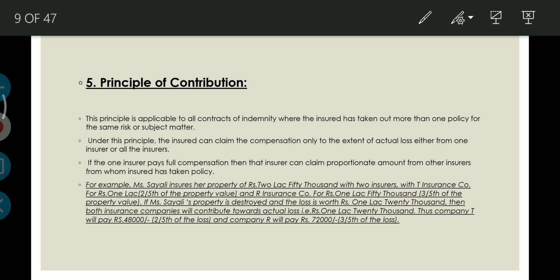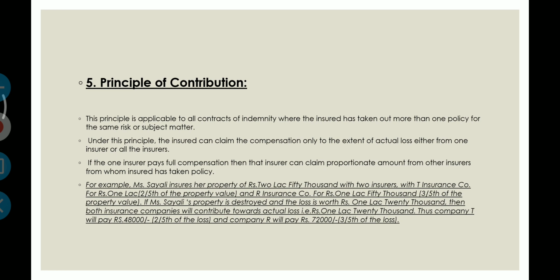Only the amount of loss will be compensated by the 2 insurance companies in the ratio of their contribution. The entire 2,50,000 will not be compensated. Why? Because we have already studied the principle of indemnity, wherein you are only put back in the position where you were before the occurrence of loss. Only the amount of loss will be compensated, and in the ratio of the policy.